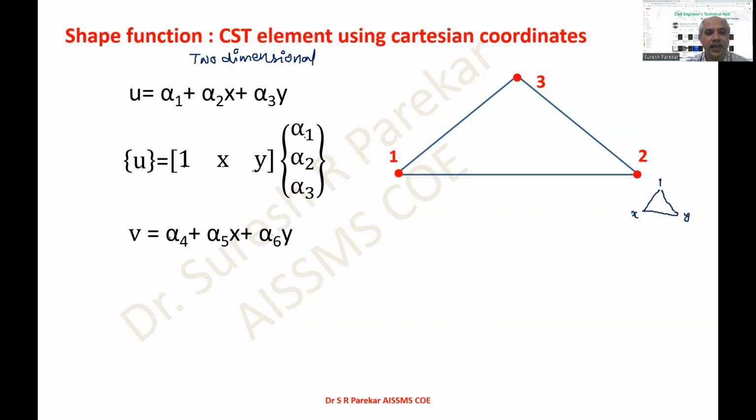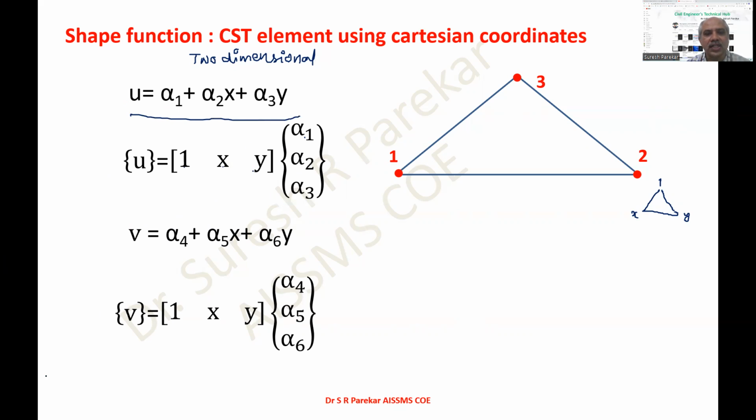Similarly we can have v, which will be alpha 4 plus alpha 5 x plus alpha 6 y, and in matrix form v equal to 1 x y times alpha 4, alpha 5, alpha 6. So this is my displacement model for displacement in x direction, and for the y direction I have this displacement model.